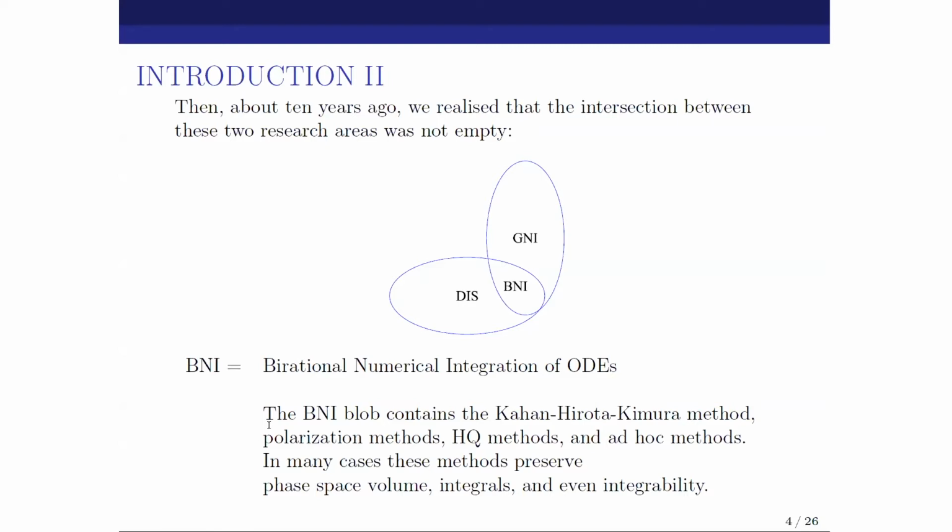Whereas Kahan was interested in numerical solution of differential equations. So two different groups discovered this method, the main method that I'll be talking about today, that will turn out to be a birational numerical integration method.